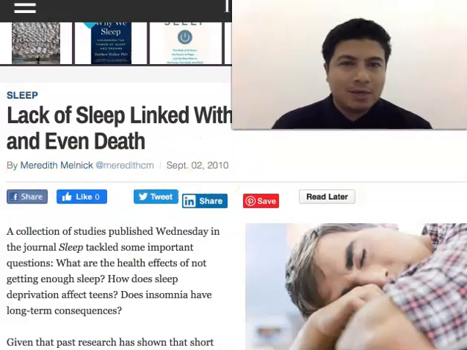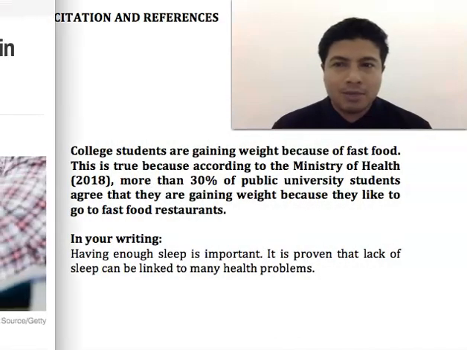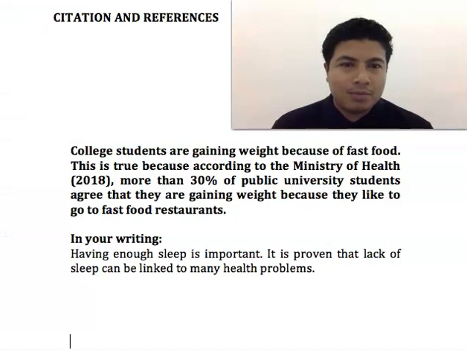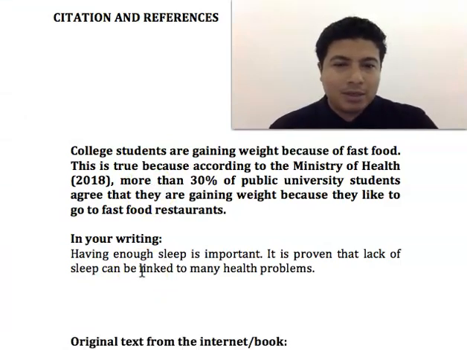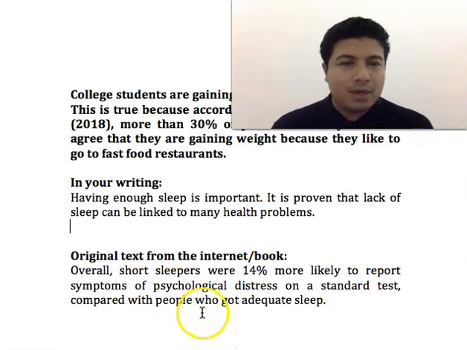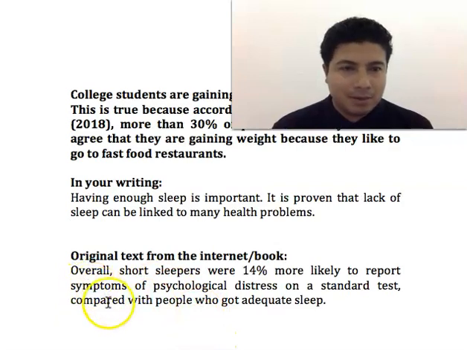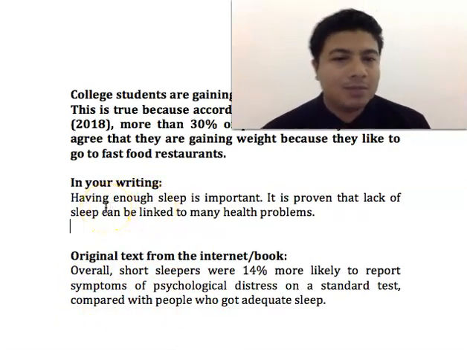So what I do is I go back to my article, and then I cut and paste the one that I got from the internet just now to support what I say here. So this is what I say: having enough sleep is important.